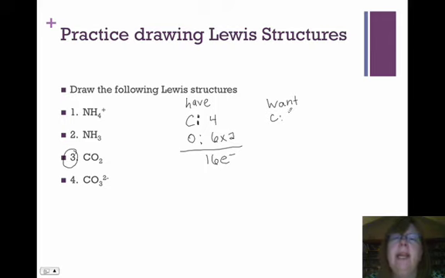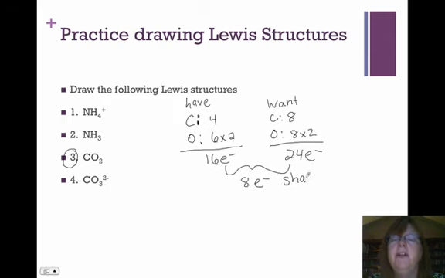Every element wants 8 with the exception of hydrogen, who wants 2. So carbon wants 8 and oxygen wants 8, and we have 2 of them. So all in all, we want 24 electrons. Well, we don't have what we want, and the difference between this and that is going to be 8 electrons. That is the number of electrons that are shared, and the electrons are shared in pairs. So if we divide that by 2, we find out we're going to have 4 shared pairs of electrons.